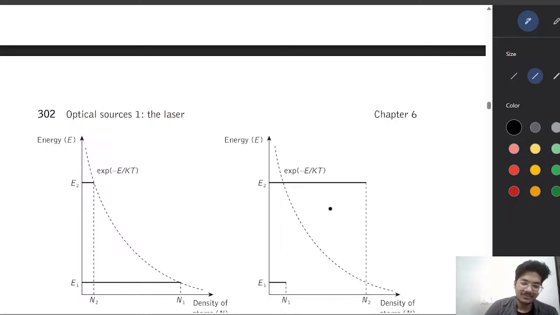For this we require the number of atoms in the higher energy state n2 to be greater than n1. This is called population inversion. But in thermal equilibrium, or Boltzmann distribution, n1 is greater than n2, so we can never get population inversion in a simple two level system. Hence real lasers use a three level or four level system.